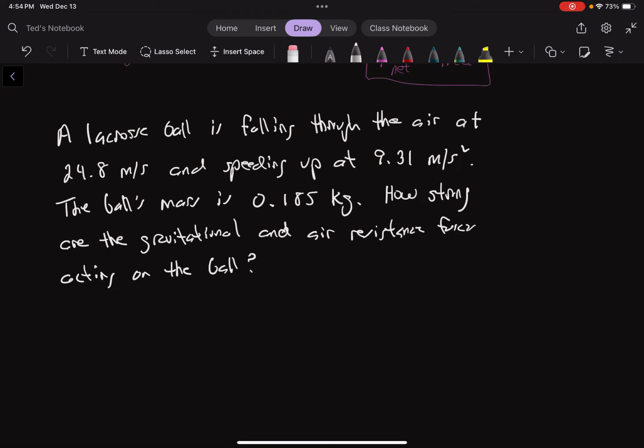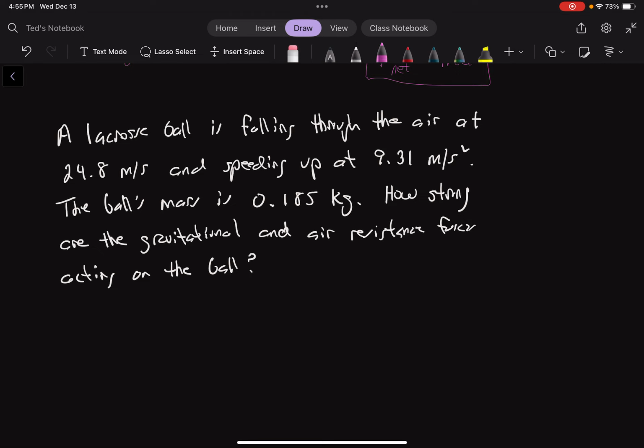Okay, so there are a couple of things going on here. We've got two forces acting on the ball. Gravity is pulling on the ball, and air resistance is pushing on the ball, and the ball's falling through the air. Okay, we are going to solve this using Newton's second law.